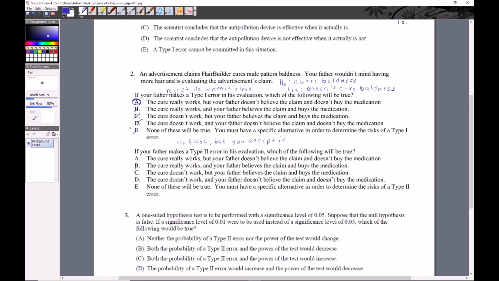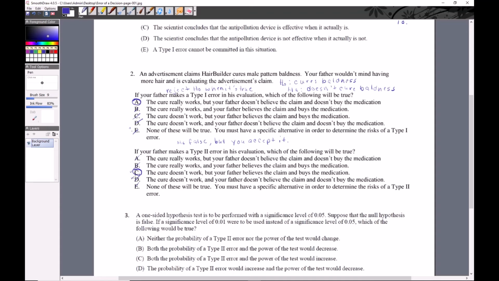So it's going to be either this one or this one. So those two are out. I'm just going to assume that one is out. So we're down to C and D. So the cure doesn't work, but your father believes the claim, he accepts it, and buys the medication. That's it. Right? The cure doesn't work and your father doesn't believe the claim and doesn't buy the medication. That doesn't make any sense.